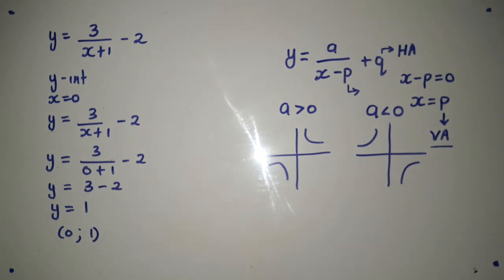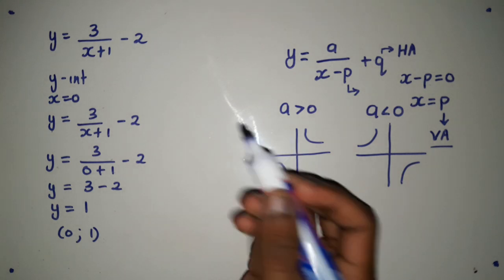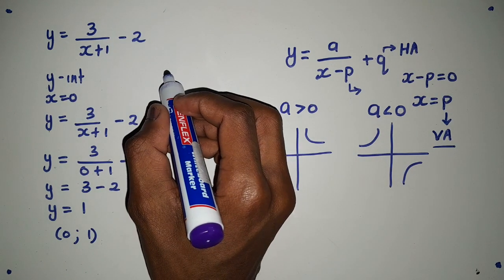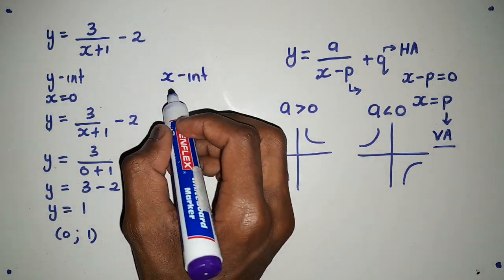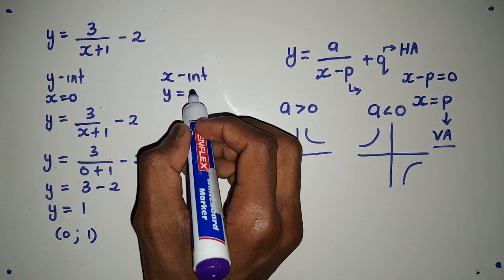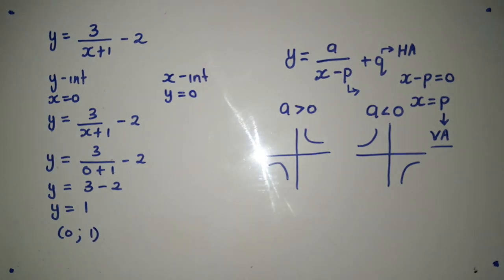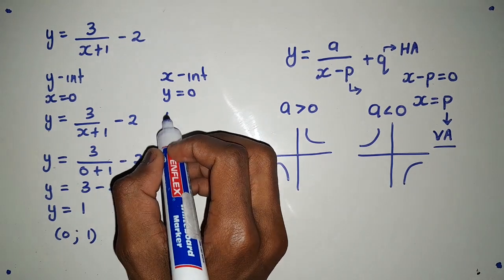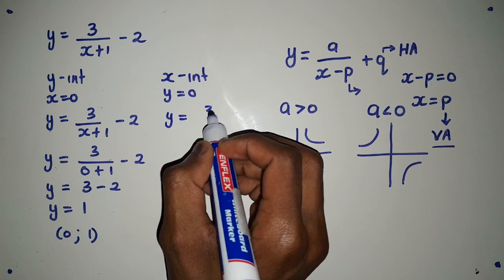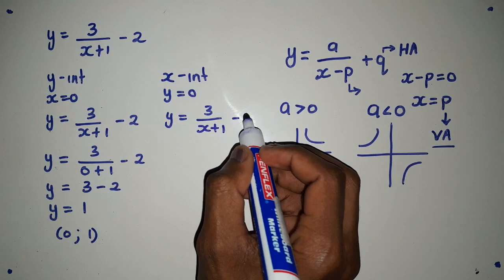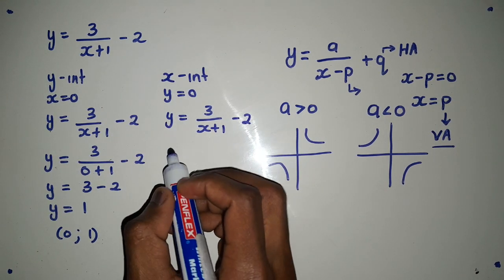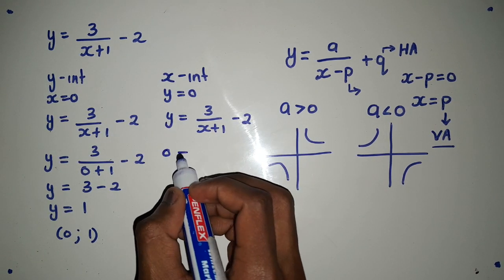Now let's determine the x-intercept. As for the x-intercept, we let y be 0. Like this, we have the equation 3 over (x plus 1) minus 2, and we make y 0.